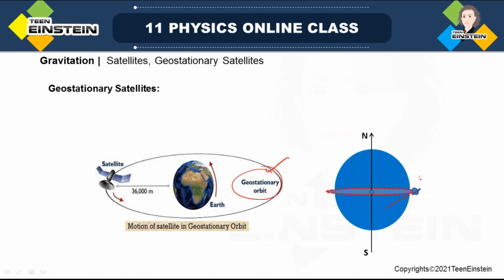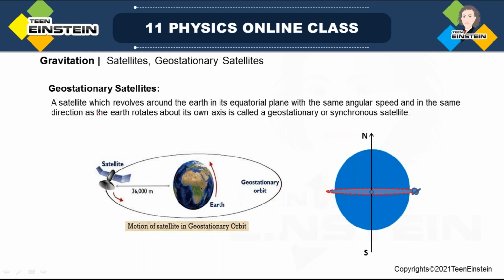This kind of satellite is used for communication purposes, television, any telecommunication purpose. So that's why these are called communication satellites. Now look, the definition you can go through from here.